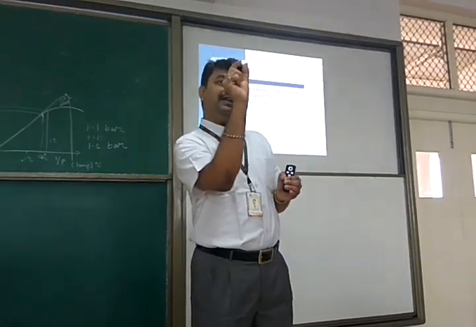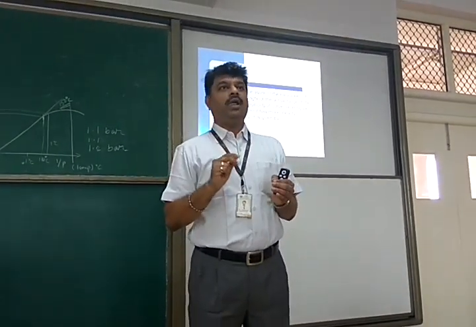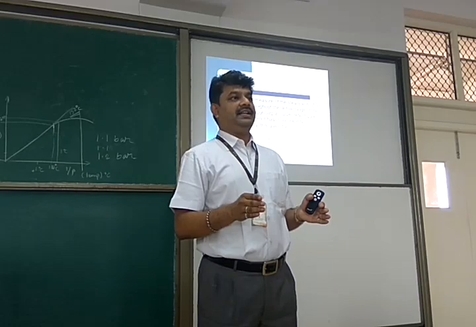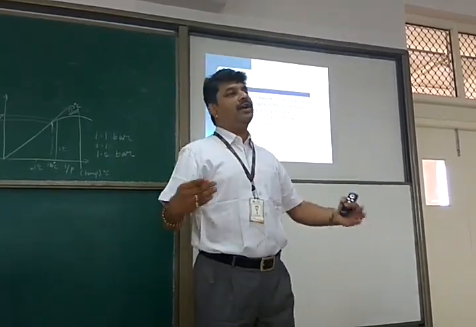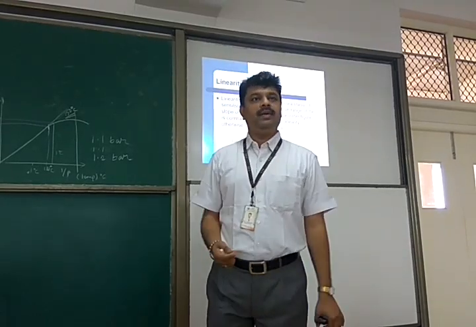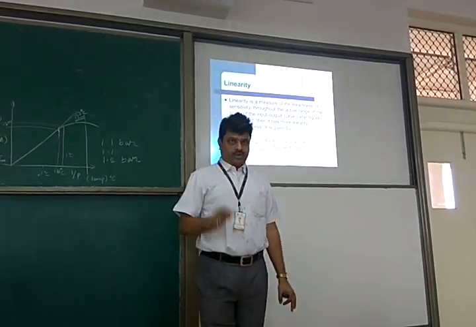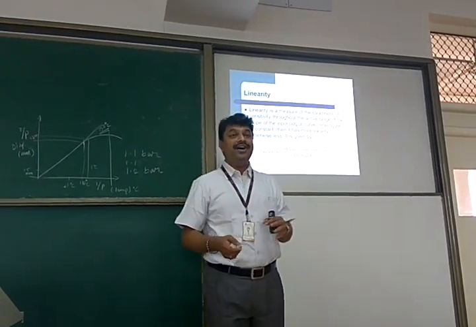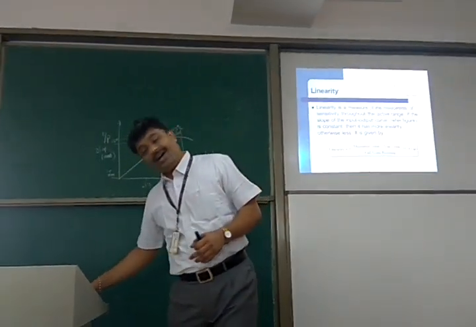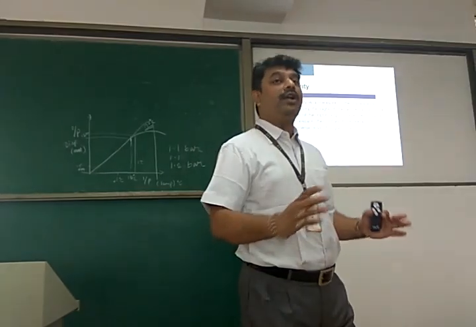As you go to higher values, the graduation becomes smaller. But still, the instrument will measure correctly, because it is a non-linear instrument calibrated for non-linearity. You should be able to measure the parameters correctly, but in a non-linear fashion.